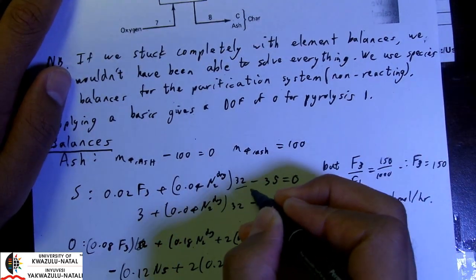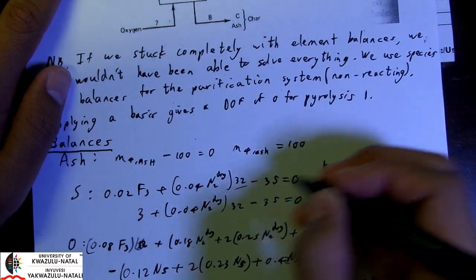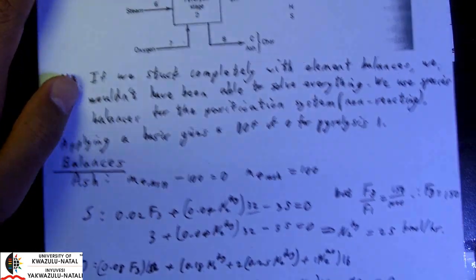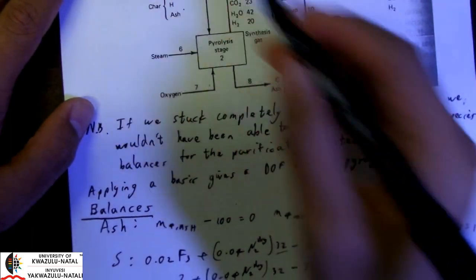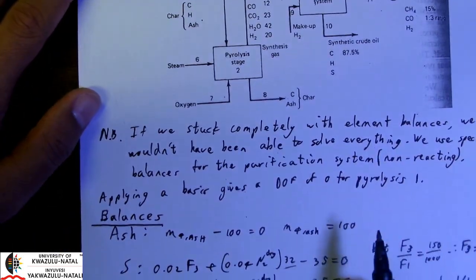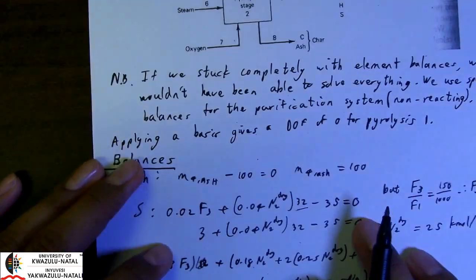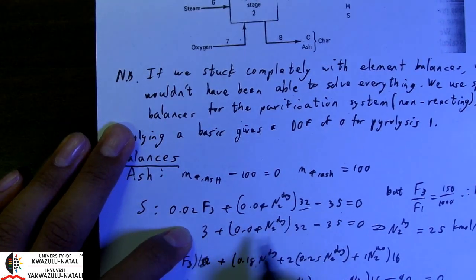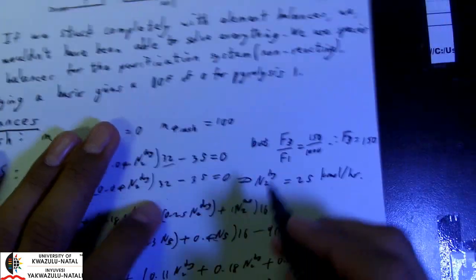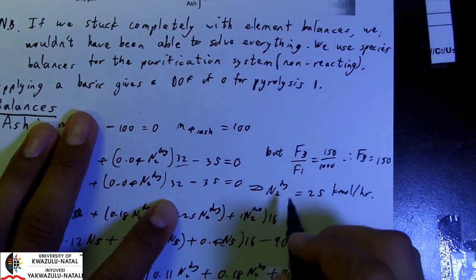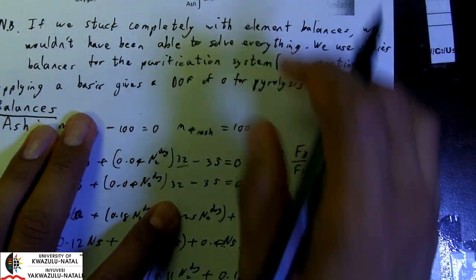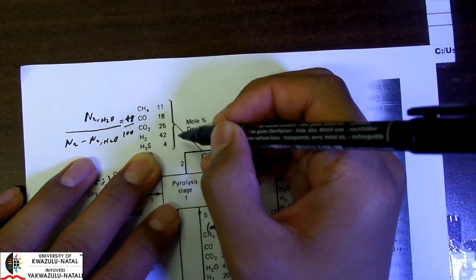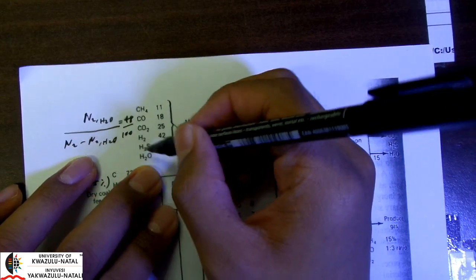Okay, and this is subtracting our input. Okay, so that's 35. And ultimately we can just reduce it as follows and find out what N2 dry is. Okay, so this is the molar flow rate of all of these components, excluding the water.